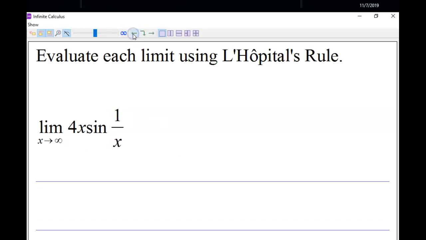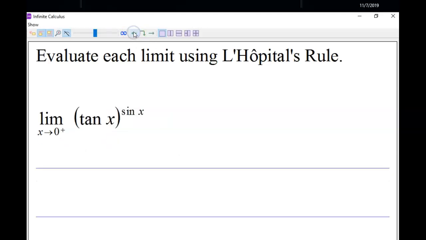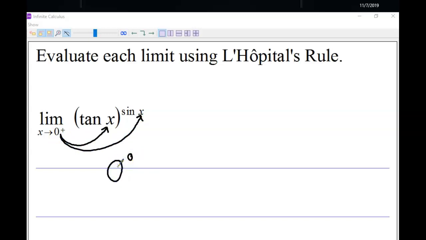Now this last one is going to be a little crazy here. So in this case, if we do our direct substitution, sine of 0 is 0 and tangent of 0 is 0. This is an indeterminate form as well.